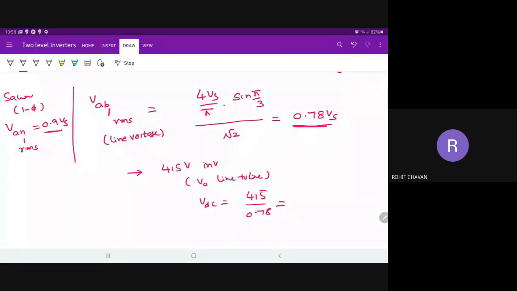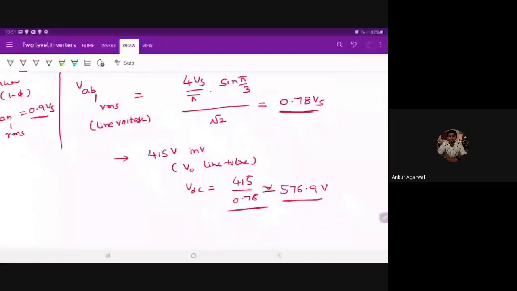So what is this value? 415 by 0.78 is 576.92, so something like 576.9 volts you will get.